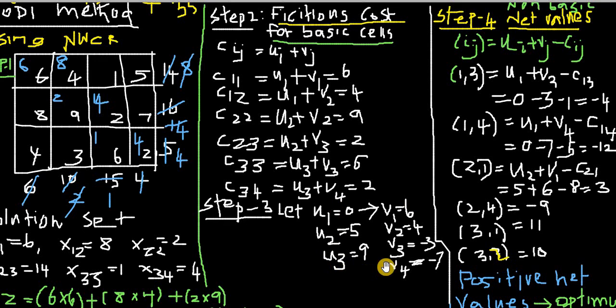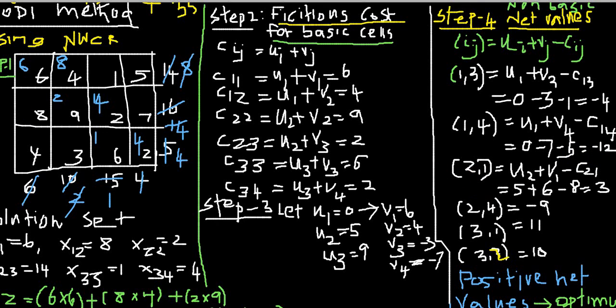You substitute these values of u1 and v4. u1 is 0, v4 is minus 7, and minus c14, which is the transportation cost in this particular cell, c14 equals 5. So by the formula, minus 5. The total comes to minus 12.